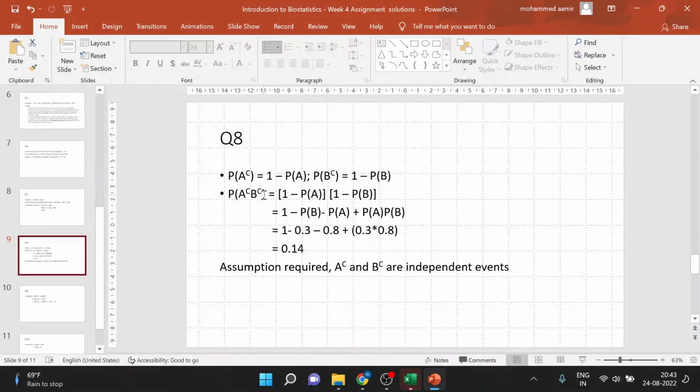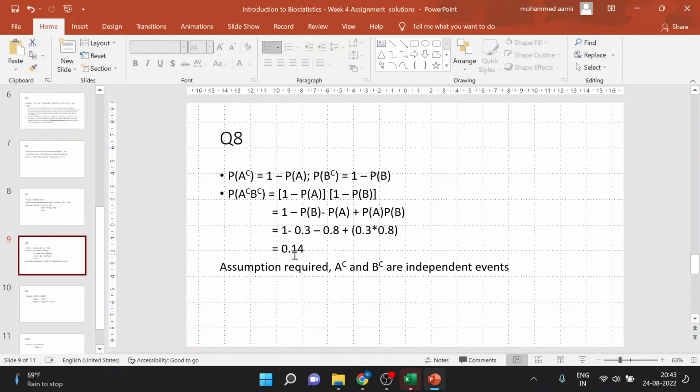So P of A complement into P of B complement is 1 minus P of A into 1 minus P of B. If you simplify this, you get this expression, that is 1 minus P of B minus P of A plus P of A into P of B. And when you simplify this further, you get this, which is nothing but 0.14.